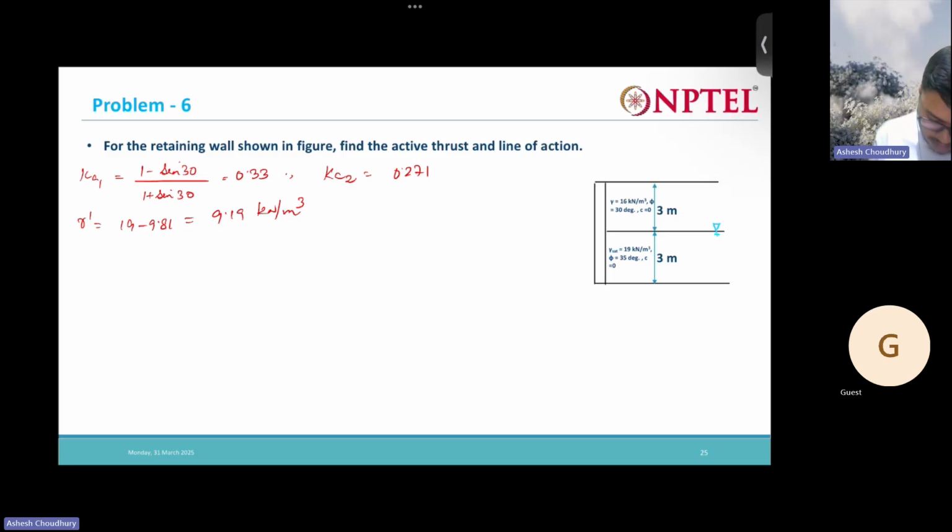Okay, so now you 3 meter like this. For the part on top, you can have this. Okay, now for the second, here, what is the pressure? The pressure is 3 into 16, but my Ka2 has changed. Ka has changed, so Ka2.